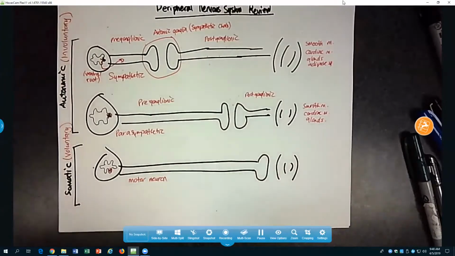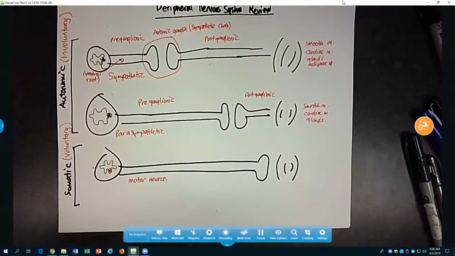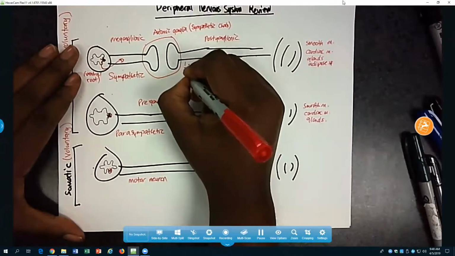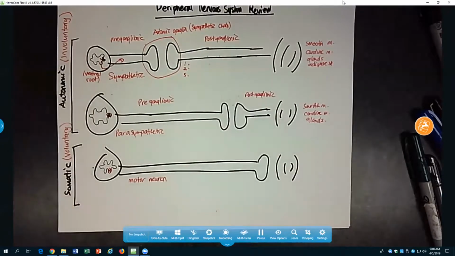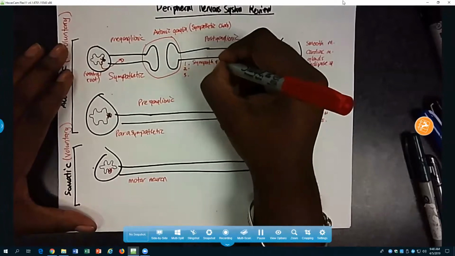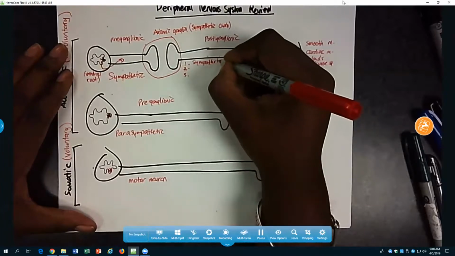And now we spoke about three routes of communication for this preganglionic neuron to get to its effector tissue. So we spoke about three things that can happen with this preganglionic neuron. What were the three things? So one is going to be the sympathetic chain. Right, it's going to synapse onto the sympathetic chain.